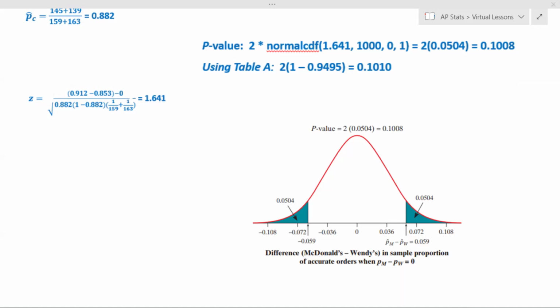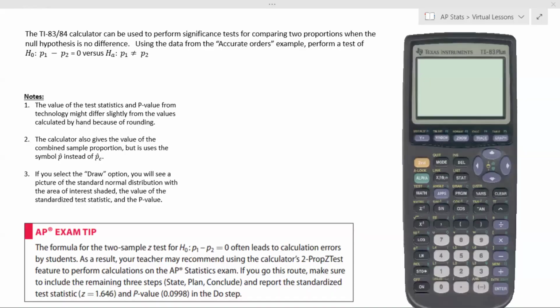Okie dokie. Now, what I want to look at is to show you how to do the significance test for comparing two proportions when the null hypothesis is no difference on the calculator.